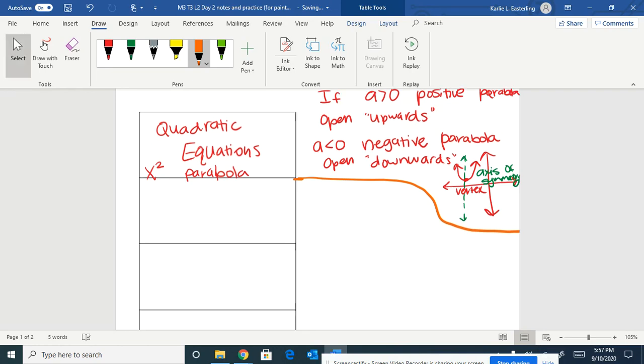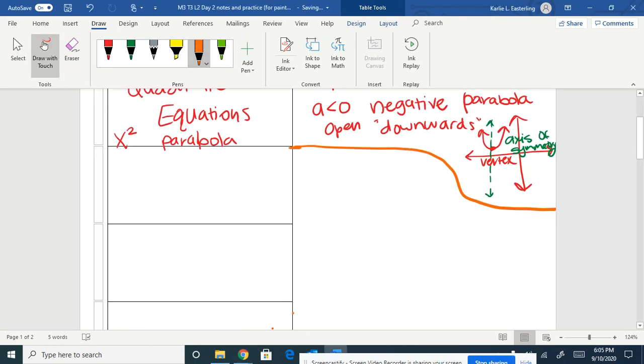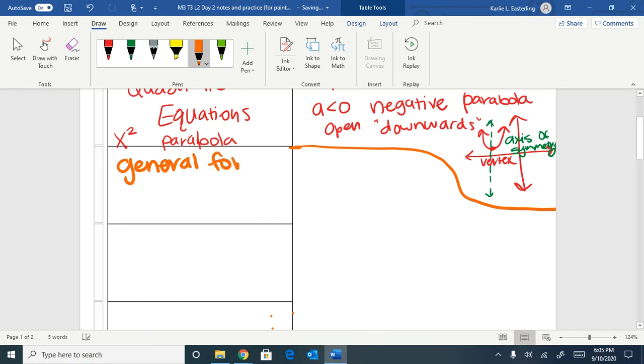So the first form we're going to talk about is going to be the general form, or we also called it standard form the other day, but we can also call it the general form. And that was when f of x was equal to a x squared plus b x plus c.